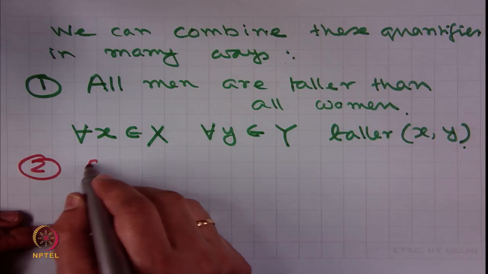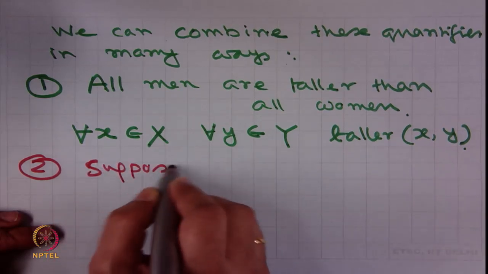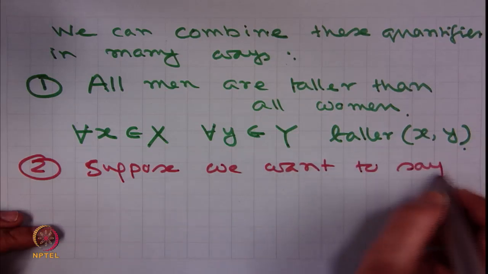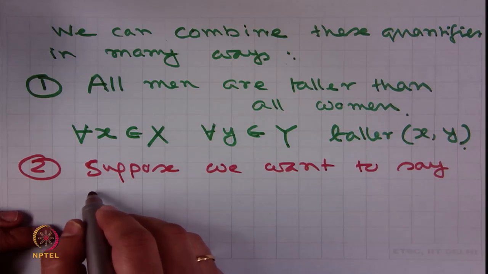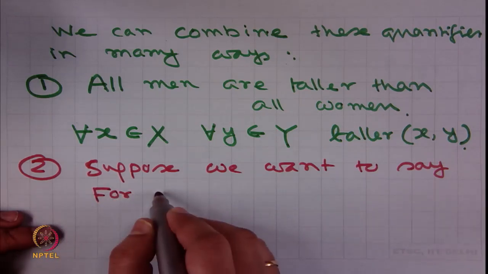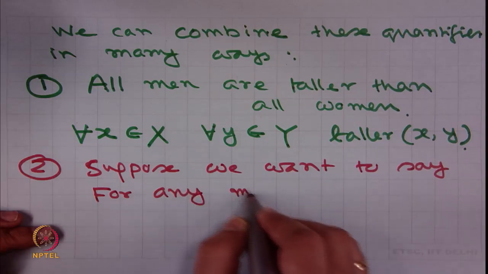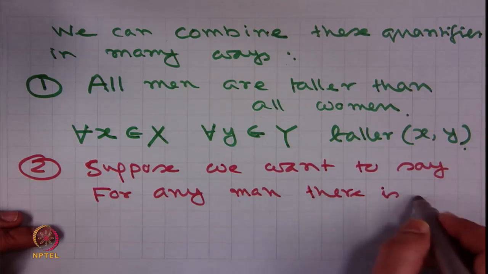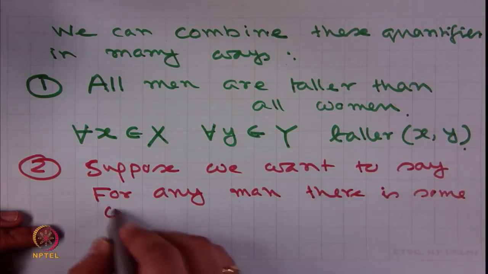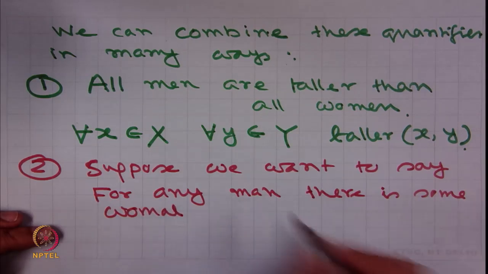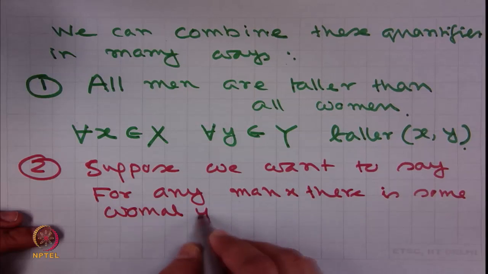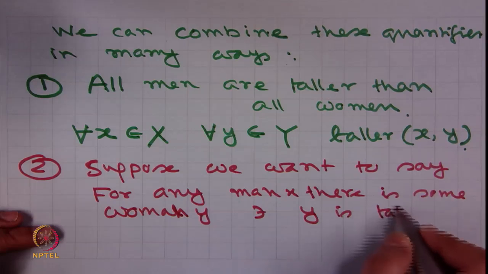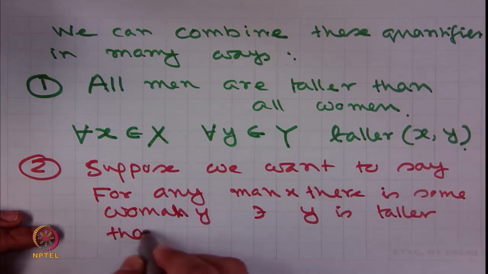On the other hand, suppose we want to say for any man there is some woman, so, let me call it x, let me call it y, such that y is taller than x.